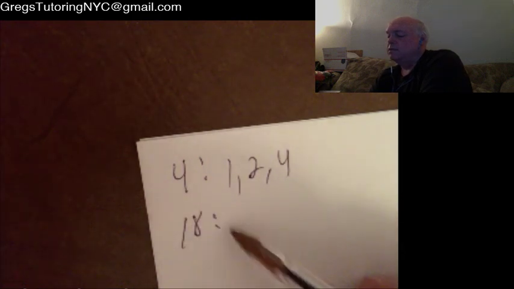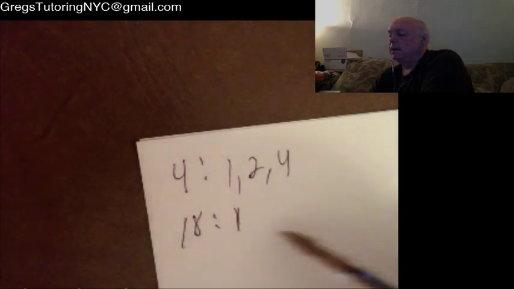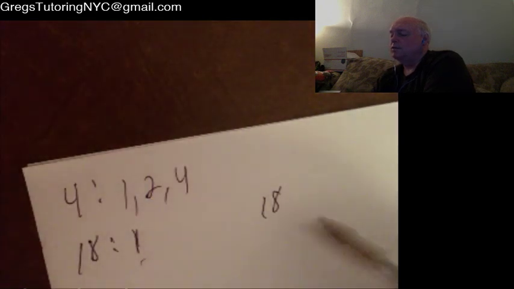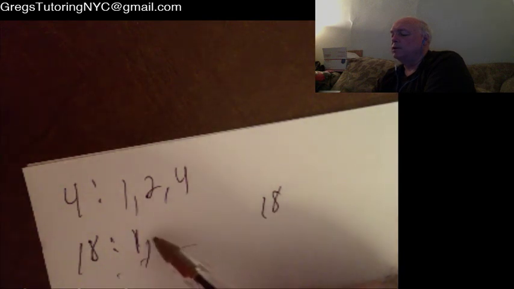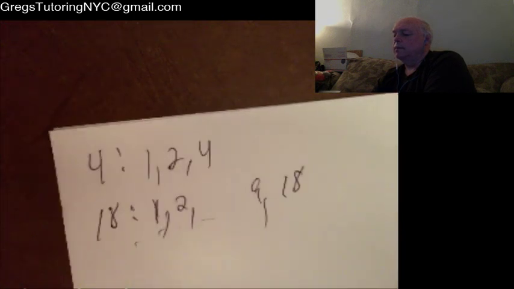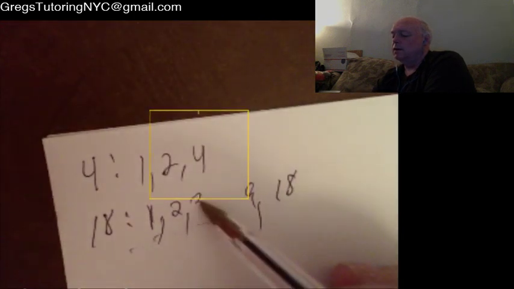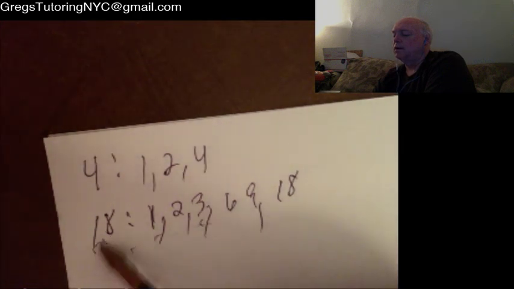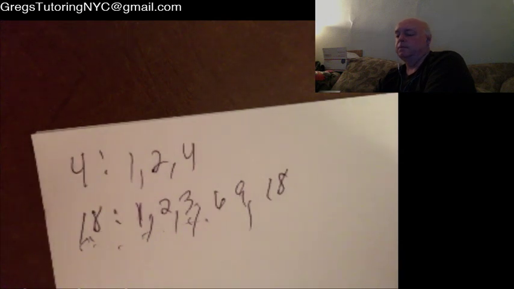What I like to do is start from 1, and on the other side, the matching factor, that's a factor pair, is 1 and 18. Then I start with 2. Does 2 work? Yes, and the other one is 9. Does 3 work? Yes, the other one is 6. Does 4 work? No. Does 5 work? No. Does 6 work? Yes, we already covered that. So we're done with 18. We've gotten the factors.